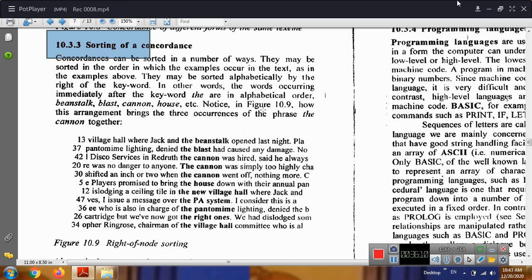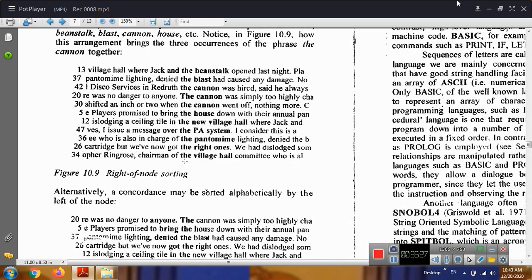Notice in figure 10.9 how this arrangement brings the three occurrences of the phrase they cannot together. You can see its example, which you can see as bold words.